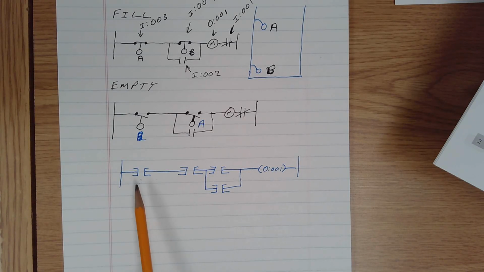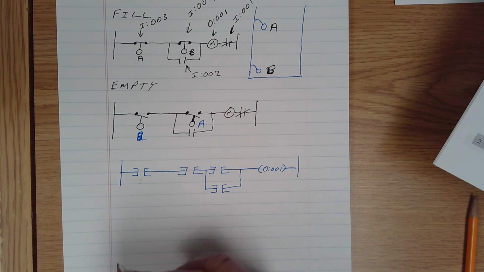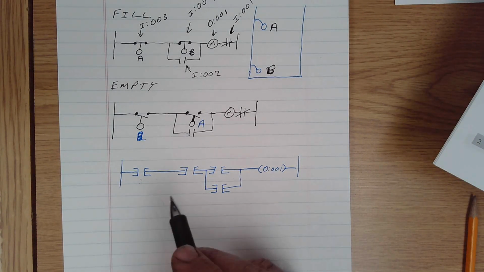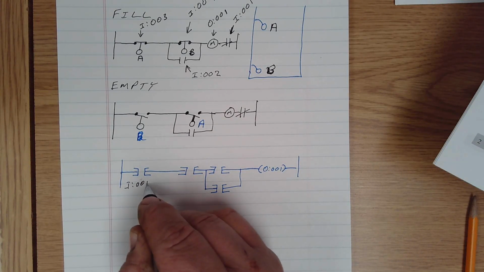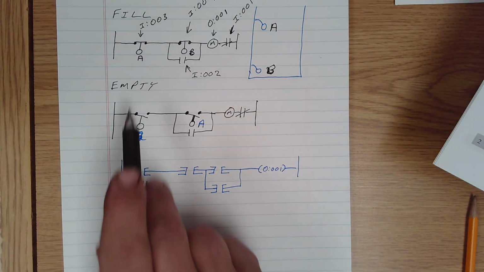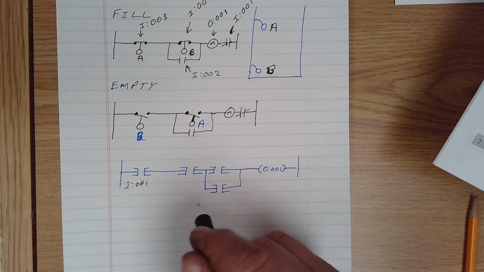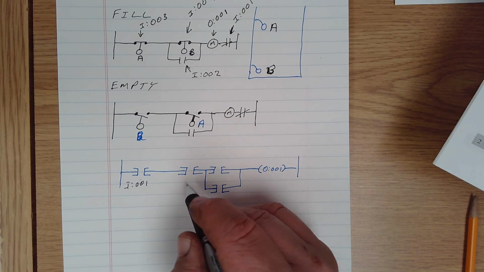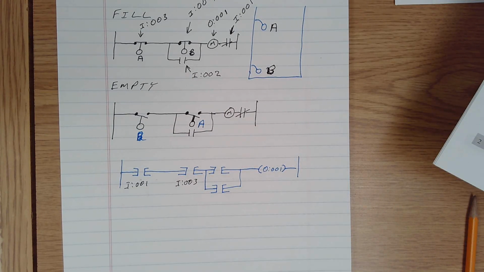Okay, so when we build our basic PLC program, if we wanted to fill the tank, well, our overloads are input 001. So filling the tank, A is going to be our stop. So we're going to put this 003.